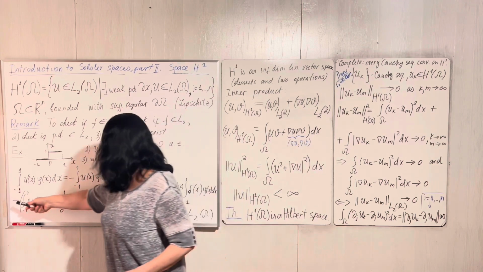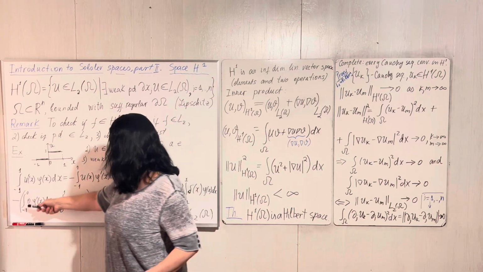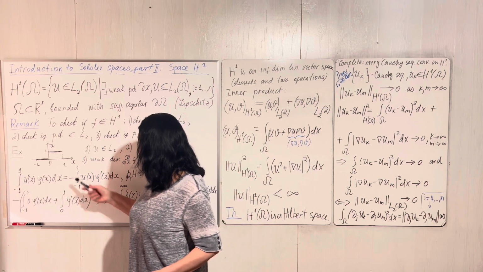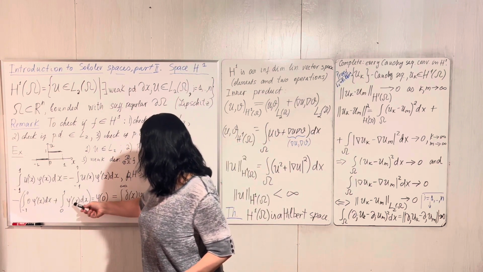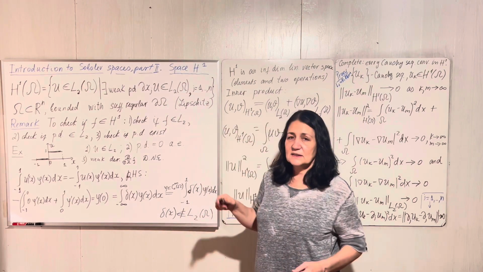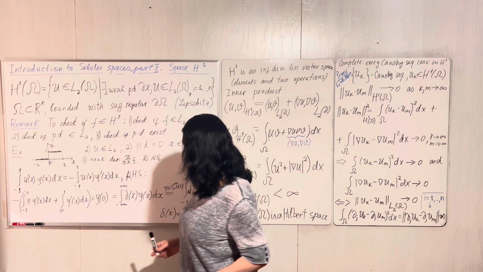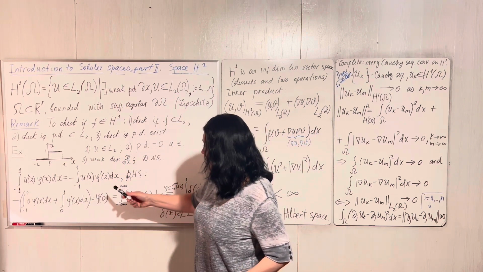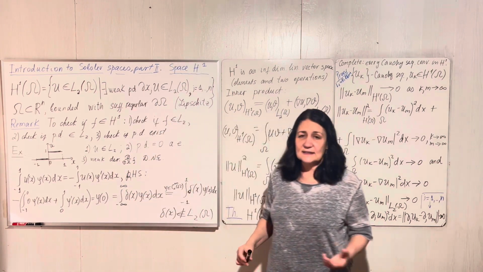I put here a minus. We have the integral from -1 to 1. From -1 to 0 it is 0, and from 0 to 1 it is 1. So the first integral will be 0, and the second integral will be the function phi evaluated at 0 and 1. At 1, which is a boundary point, our function, since it has compact support, will be 0, and we will end up with phi at 0.